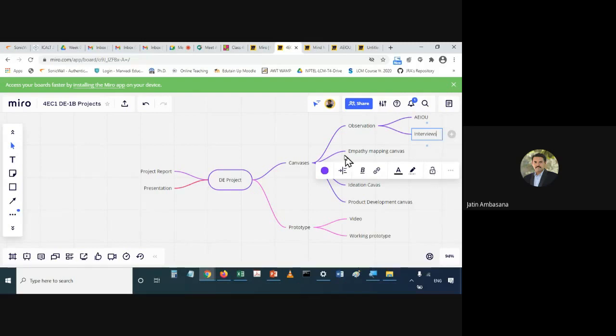From those interviews, you come up with a particular observation, then you create empathy, and then you do mind mapping to put all your ideas, and then you create an ideation canvas, and finally we go with a final product, right? This is how you go ahead.